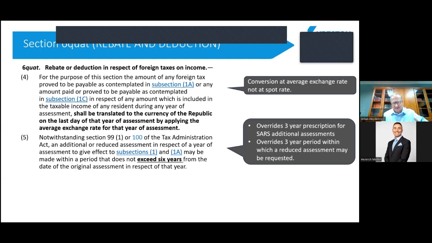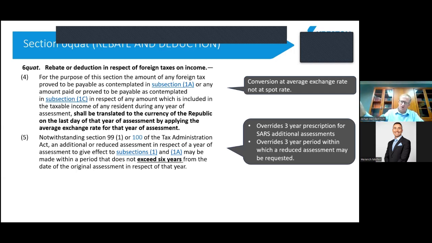So in your tax pack, you must have a Section 6quat schedule. In the Section 6quat schedule, you have to say what is the country of origin, what is the nature of it? Is it withholding tax on technical fees, withholding tax on interest, withholding tax on a management fee, whatever it would be. And then next to that, you'll say what is the source of that income. You have to say, do I get a rebate or a deduction?